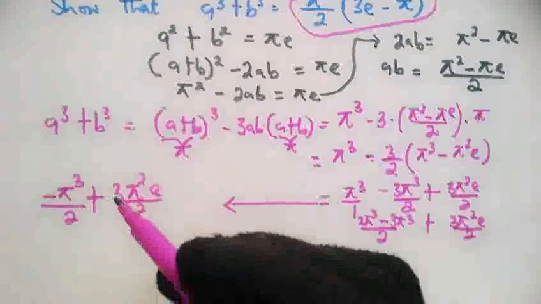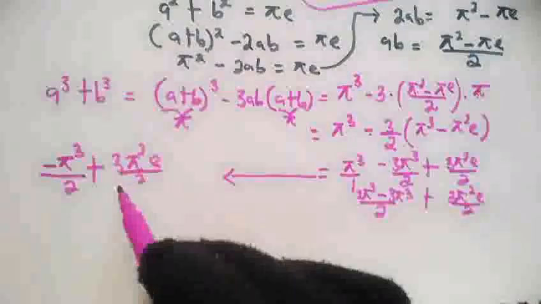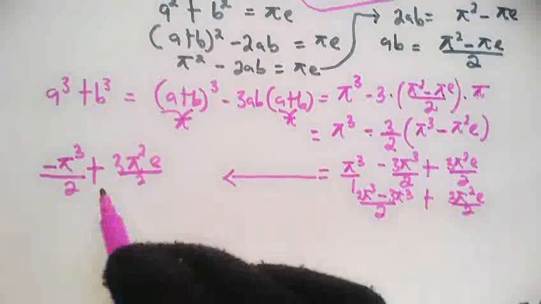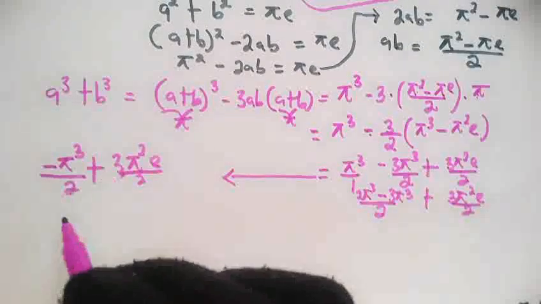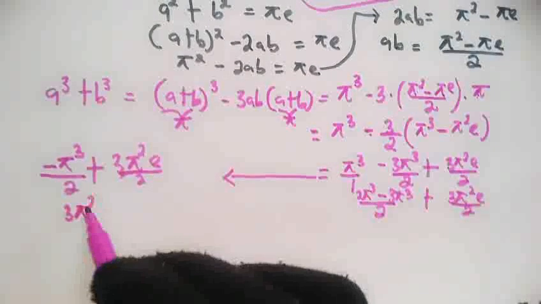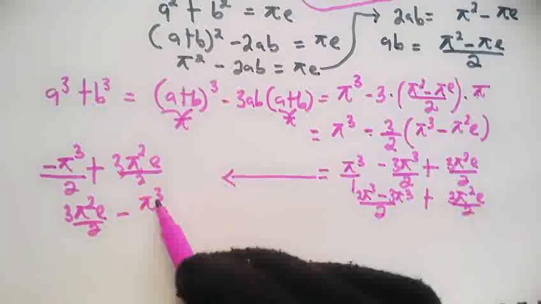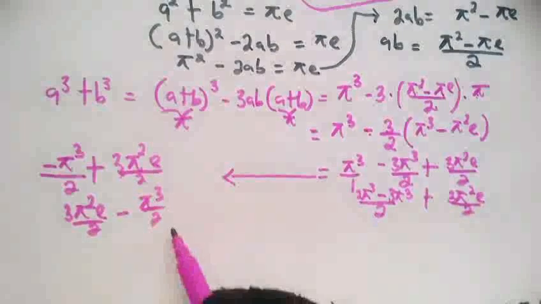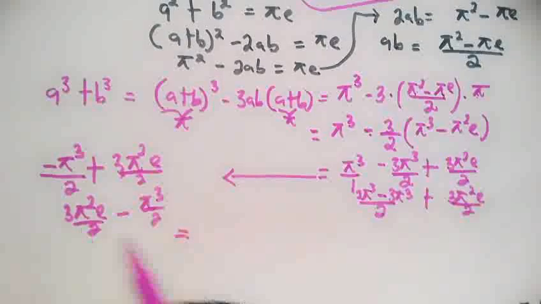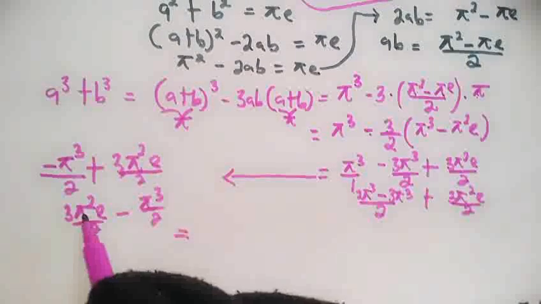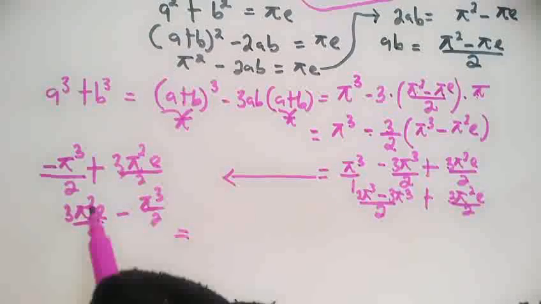Now we're going to factor out these 2 here. Let's rewrite this expression like this: 3 pi squared a over 2, then minus pi cube all over 2. We are factoring out pi squared all over 2.